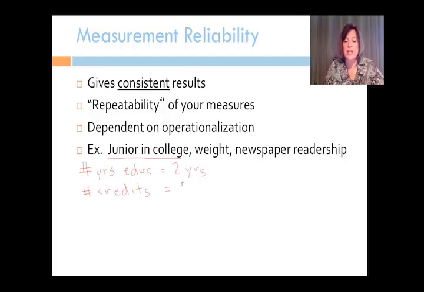Somebody with 60 credits is a junior in college.